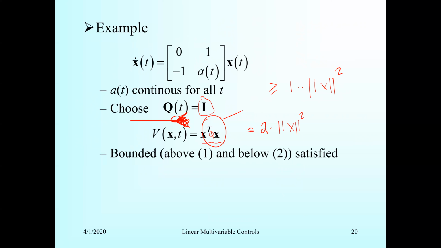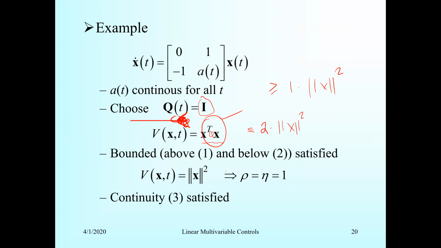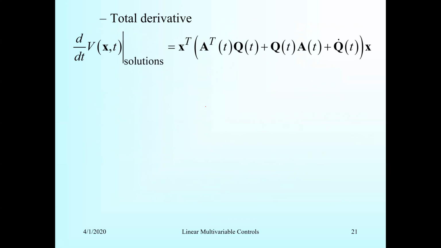But anyway, you can see the idea, you have a bound of that. Then in this case, you can simply set V as x transpose x, which is the x norm squared, okay? And so continuity, definitely.